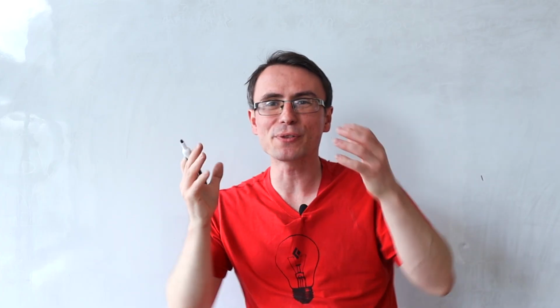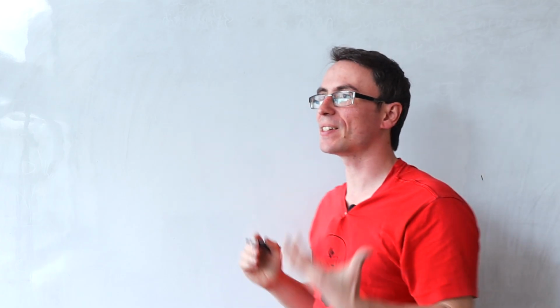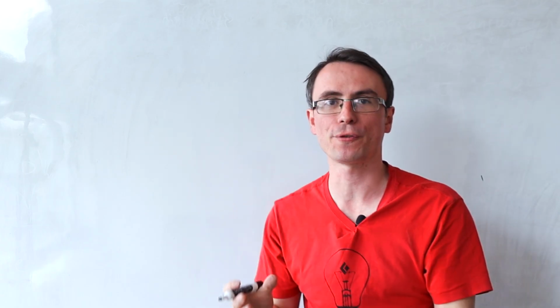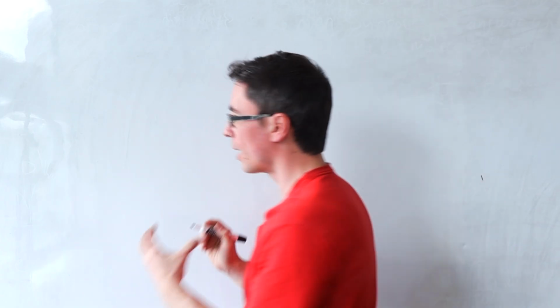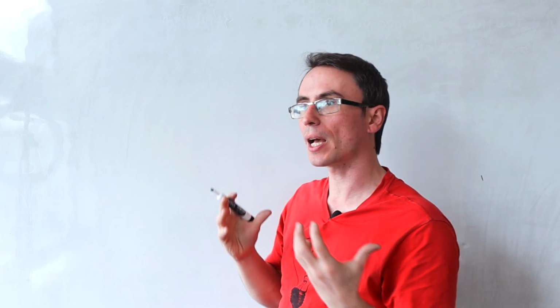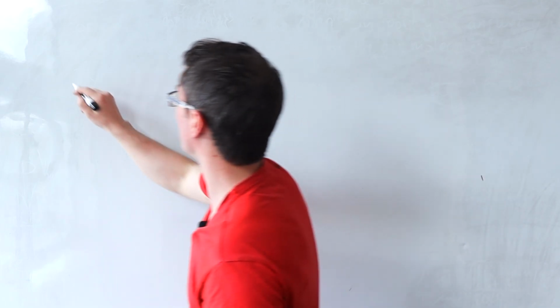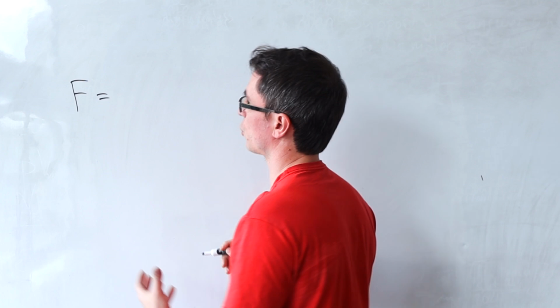Another topic that appears very often on the PAT is the gravitational fields. Okay, so one of the main formulas that is being used is Newton's universal law of gravitational attraction.